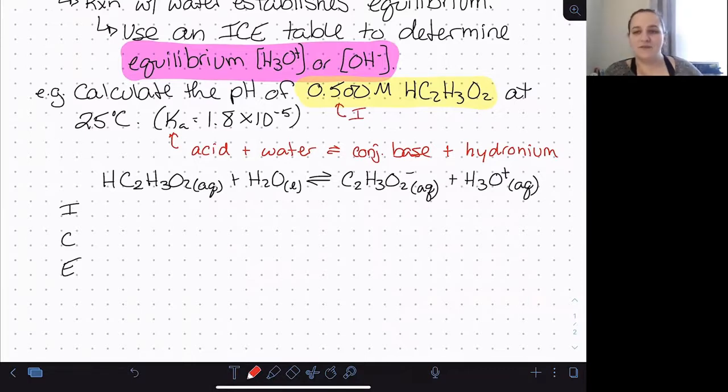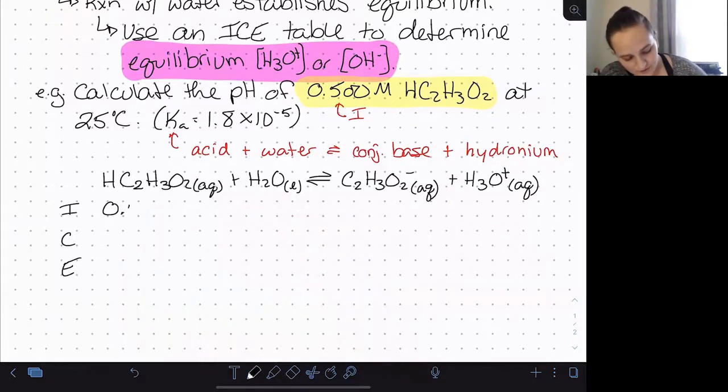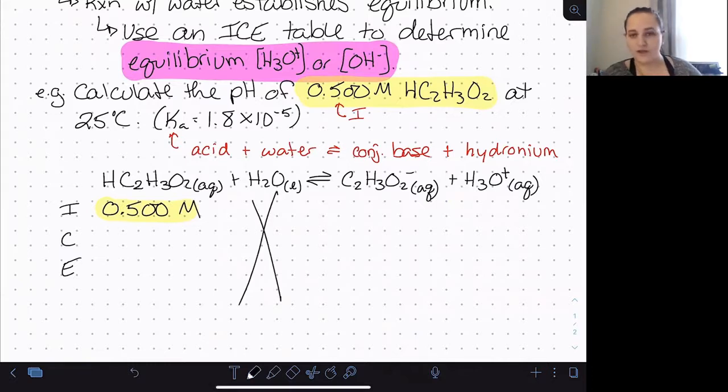So that is the amount of acetic acid molecules that were put into the water initially before any of them had a chance to react. We put 0.5 moles in every liter. So our initial concentration of the acetic acid is 0.5 molar. Water is a liquid, so we can ignore that whole column.